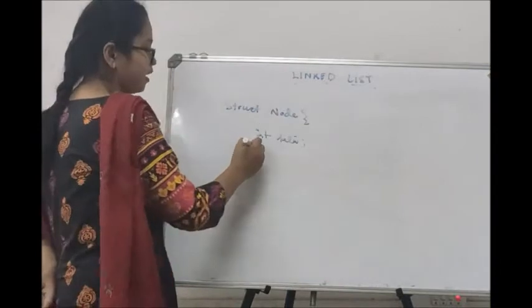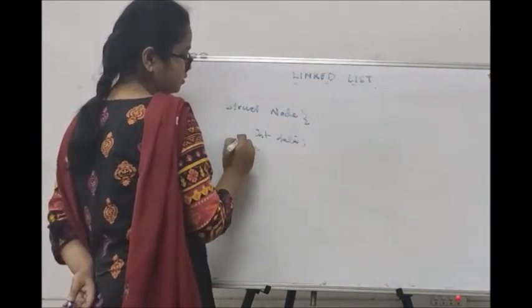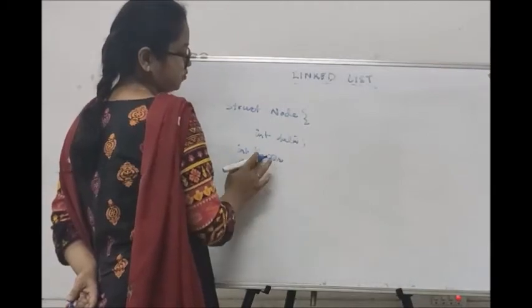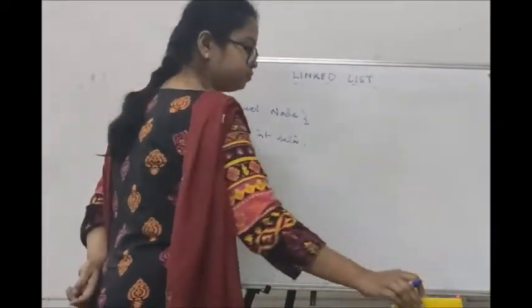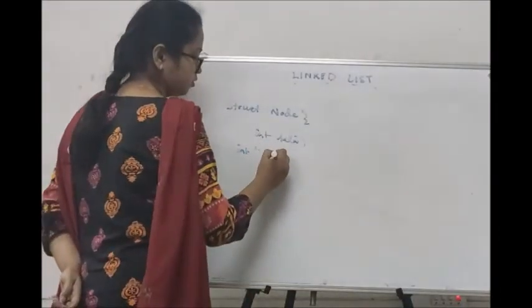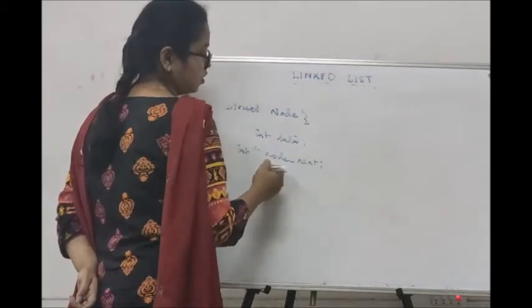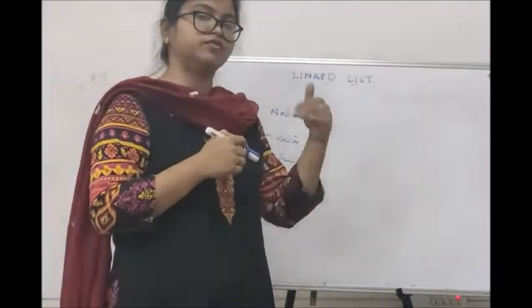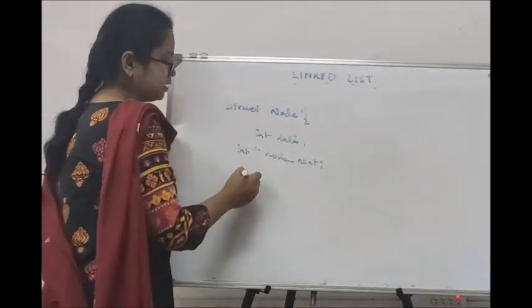So we have the data part and we have a pointer, struct node star. We can call it address, or we can call it next, which points to the next node. So next is a pointer which stores the address of the next node. Okay, so we can define a linked list like this.